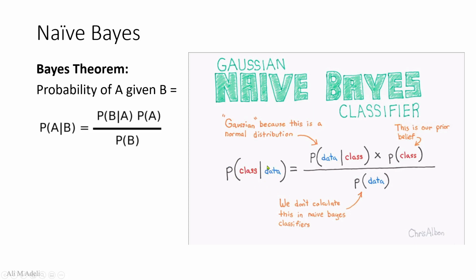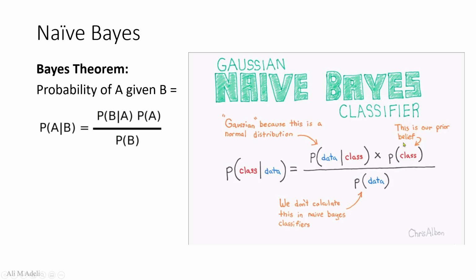Belonging to, say, the A class, having some data about that observation, can be rewritten as this. The probability of A given B is equal to the probability of B given A times the probability of A divided by the probability of B.